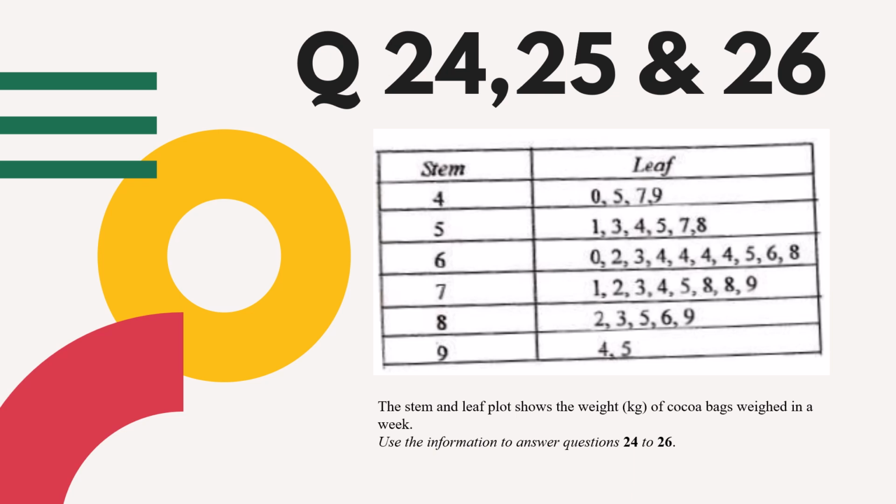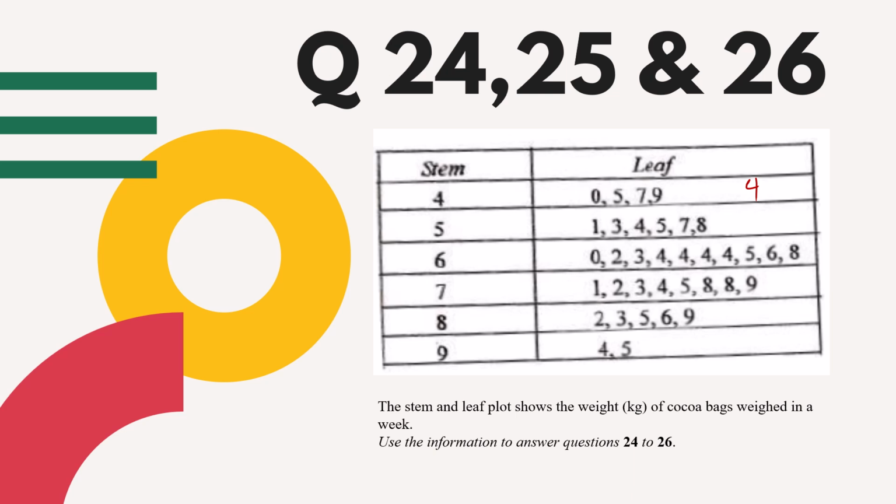So let's take a moment to reflect on the table. For the first stem, stem 4 has how many? 1, 2, 3, 4, and the others.